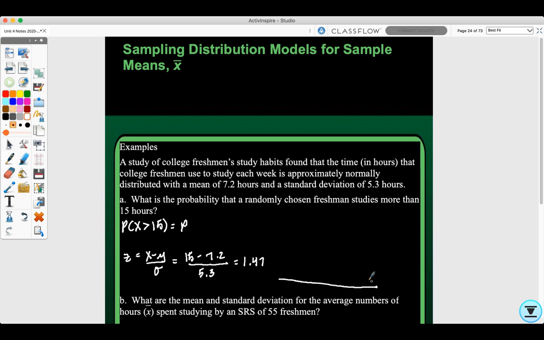So if I were to draw this, we would have 0 as our mean, 1.47 here. We would be finding this area over here. So this is the probability that z is greater than 1.47. Using your calculator or your table, you should get about 0.0706. So about 7.06%.